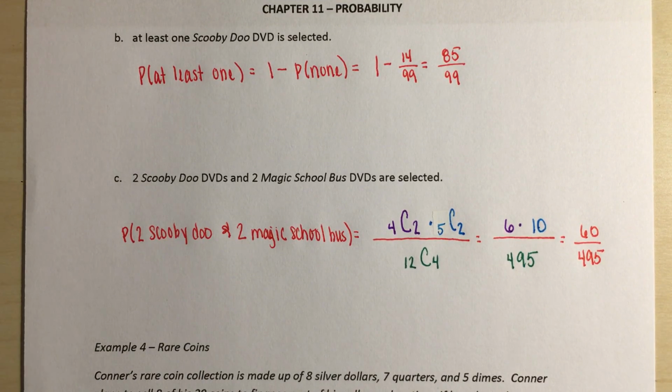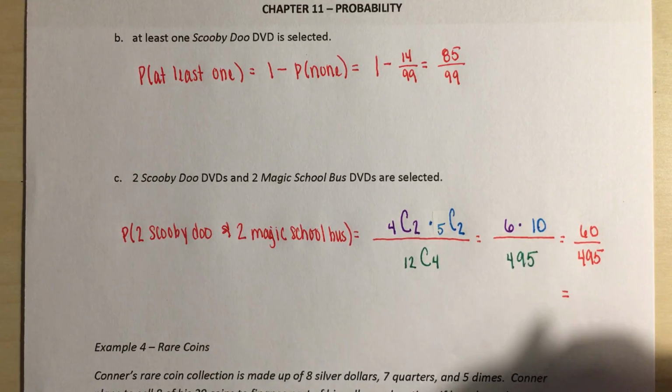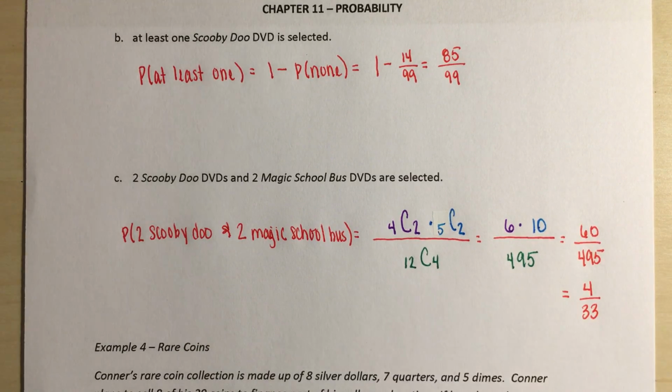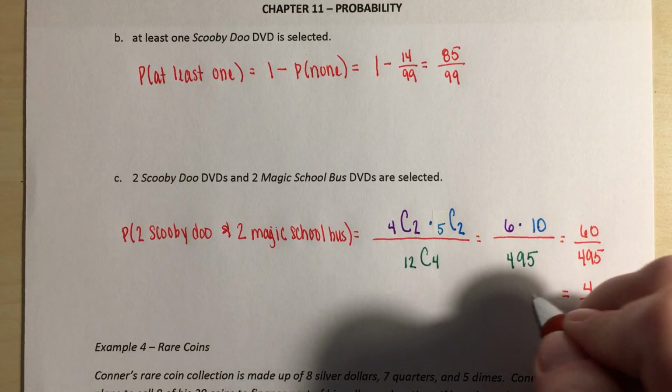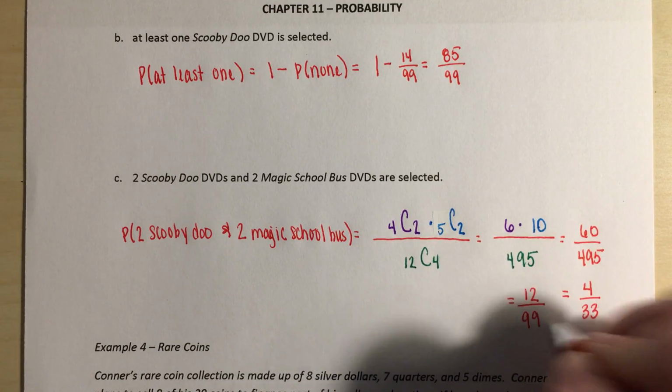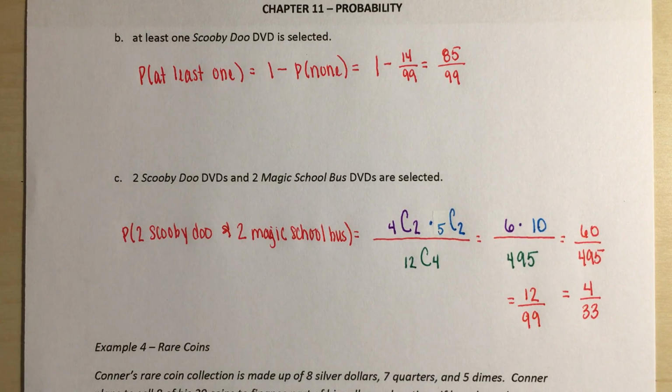Again, they're both divisible by 5. And then they're actually divisible further than that. If we reduce this into lowest terms, we eventually get 4 out of 33. Because if we divide both our numerator and denominator by 5, we would get 12 over 99, which we would then divide both by 3 to get 4 over 33.